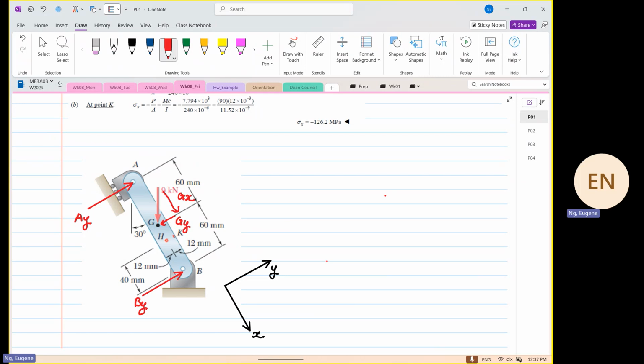Immediately we can compute our GX, which will be equal to 9 times 10 to the power 3, and we are aware that this angle is 30 degrees, so it will be cos 30.